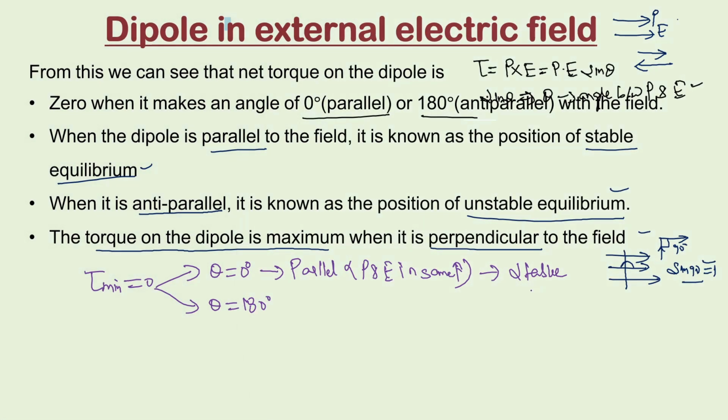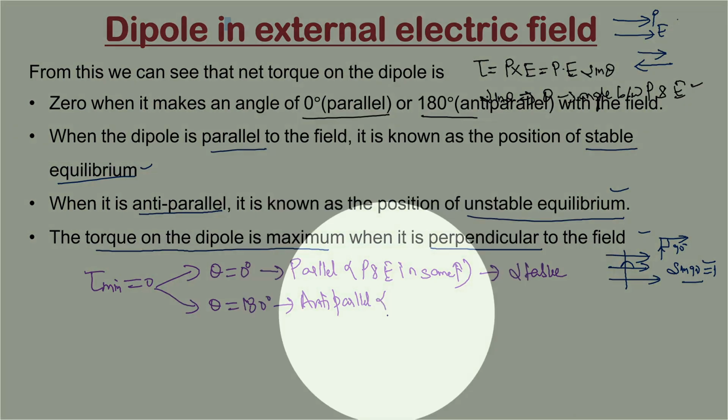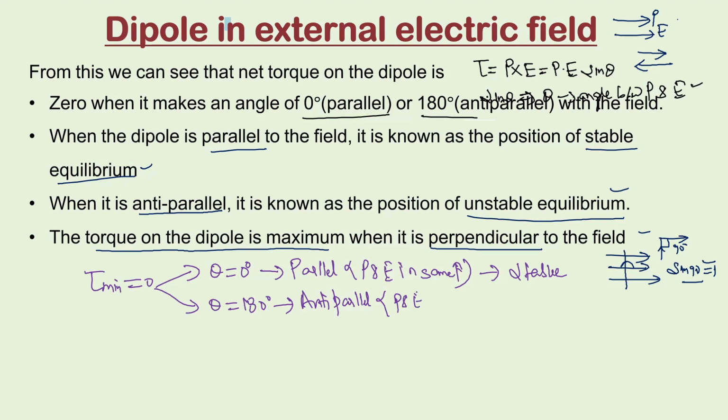When theta is equal to 180 degrees, it is called anti-parallel, P and E are in different directions, and it is called unstable equilibrium.